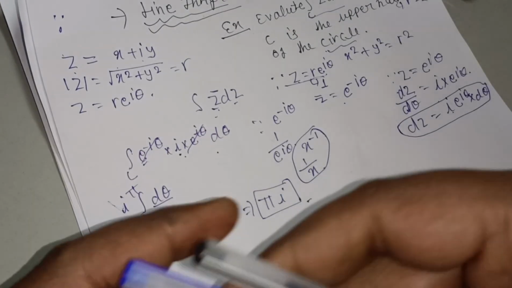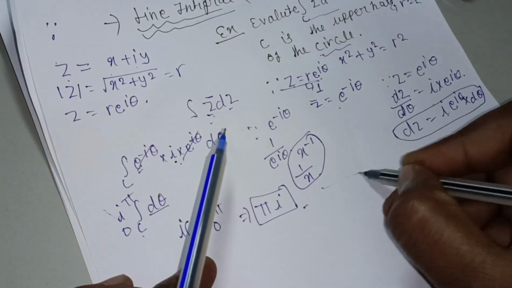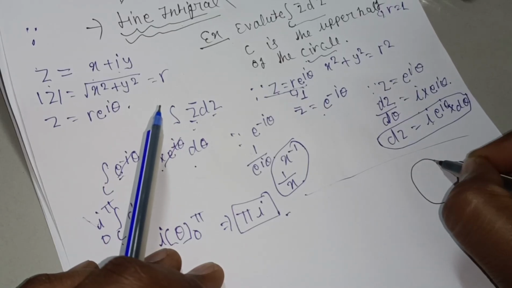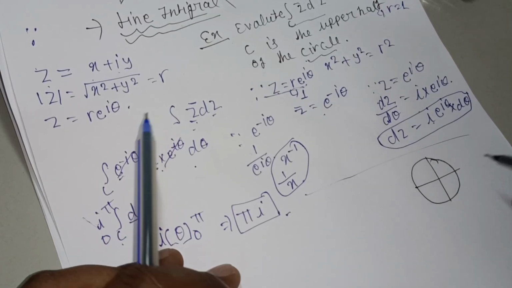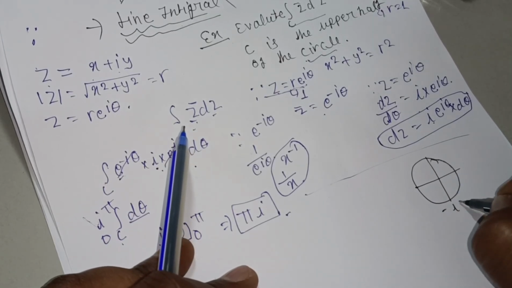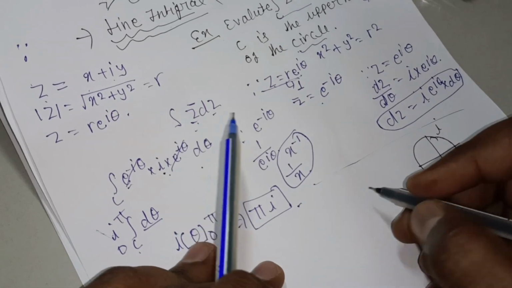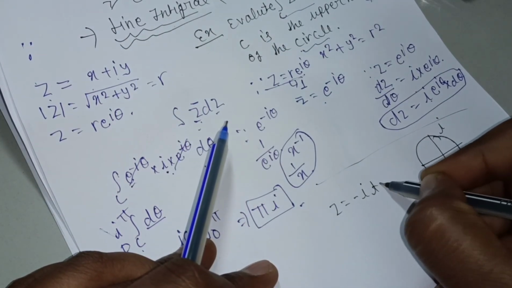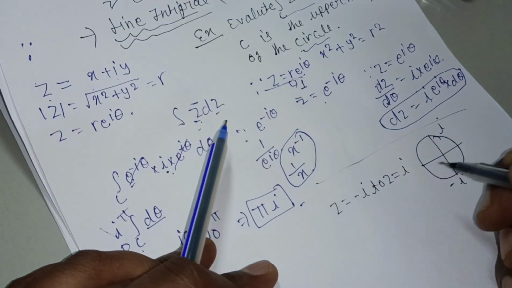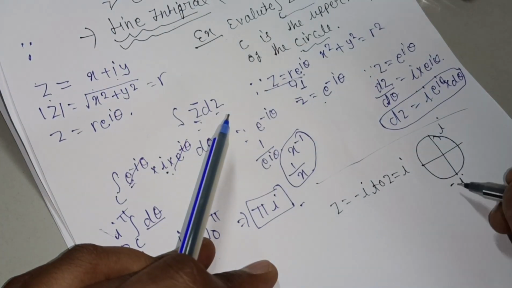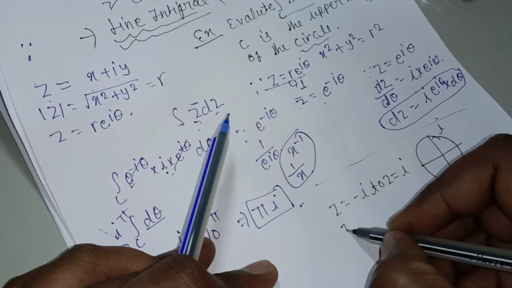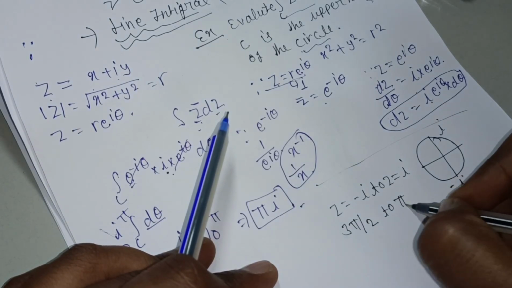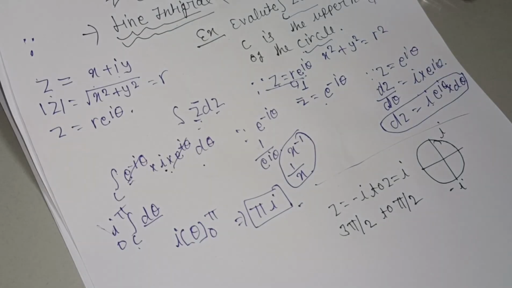One more important concept which I want to discuss with you: if we are given a circle like this, this is minus iota, this is iota. If z is given from z is equal to minus iota to z is equal to iota, then the value will be from 3 pi by 2 to pi by 2.